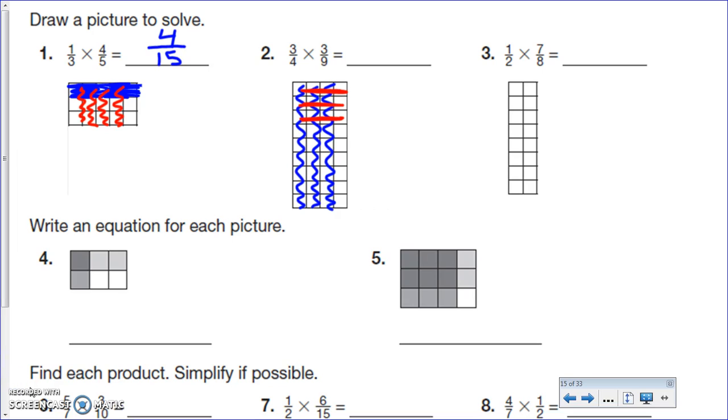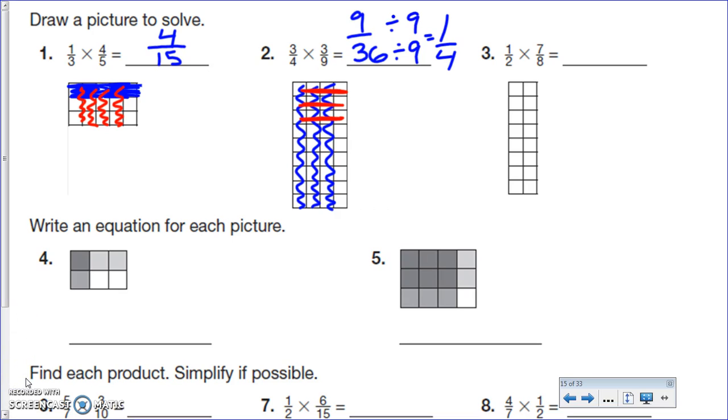So now we have 9 squares double shaded, which will be our numerator, and there are 36 squares total, which will be our denominator. We can simplify 9/36. We can divide both by 9 to get 1/4. So 3/4 times 3/9 equals 1/4.